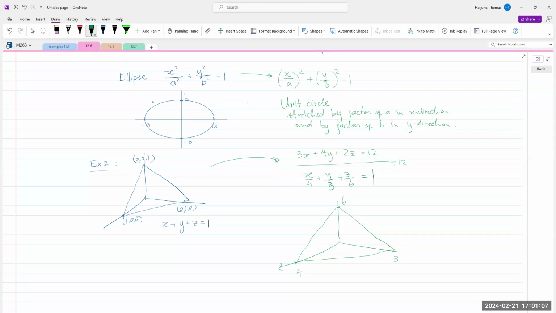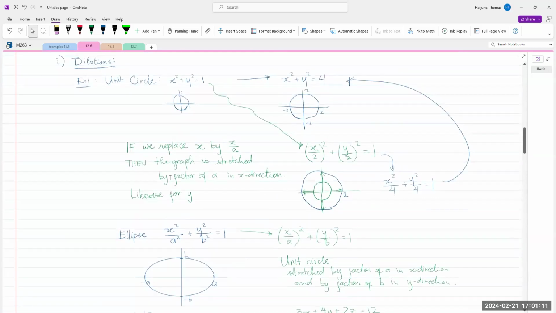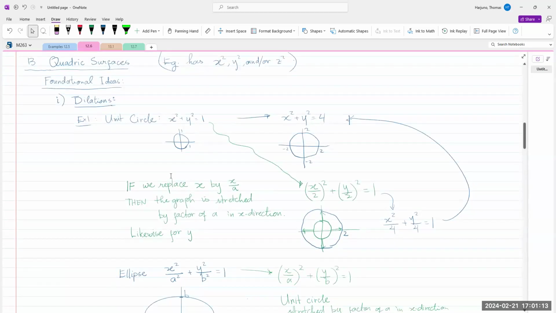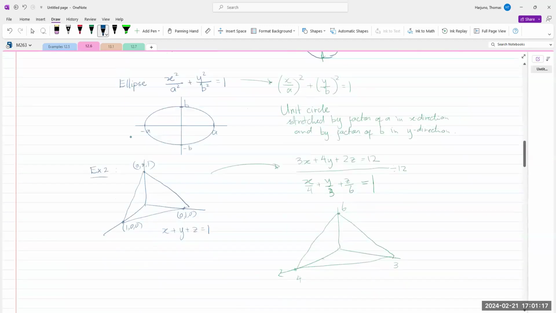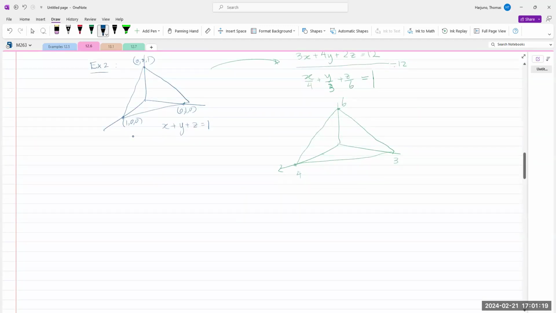Now that's the first foundational idea that we need for these quadratic surfaces. The second foundational idea actually comes from your Calculus 2. So it depends on how strong you are in your Calculus 2. Which part? I need you to get very well with the polar coordinate system.